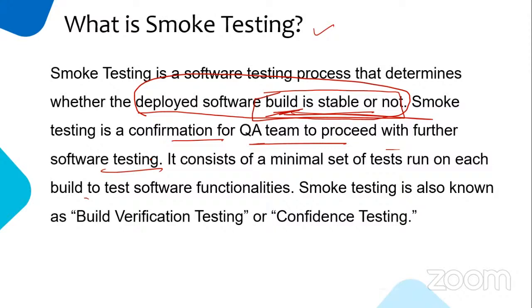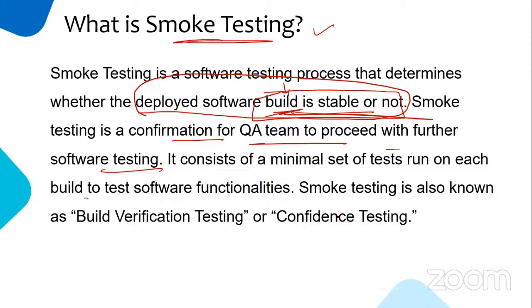Because many builds are done per day. If it is a banking process, at night at 12 o'clock they will run a lot of batch processes and patch processes, so they will update something in the server, and the server may not be stable. Many things are there. So daily, before we start testing, smoke testing will be done.